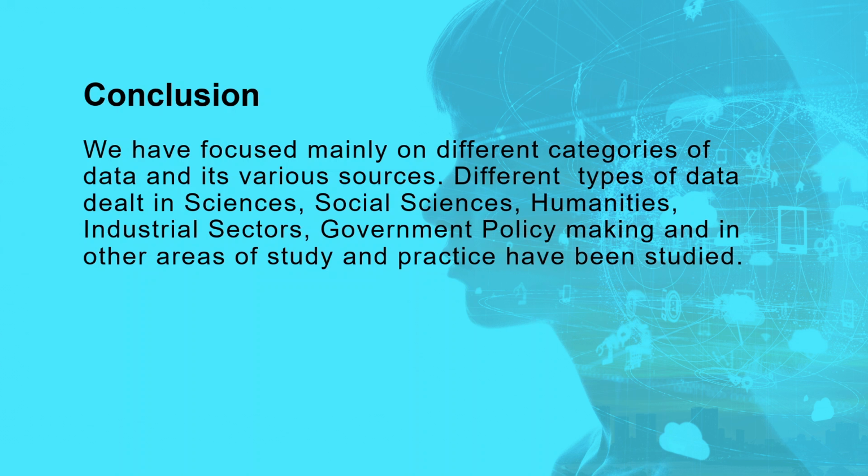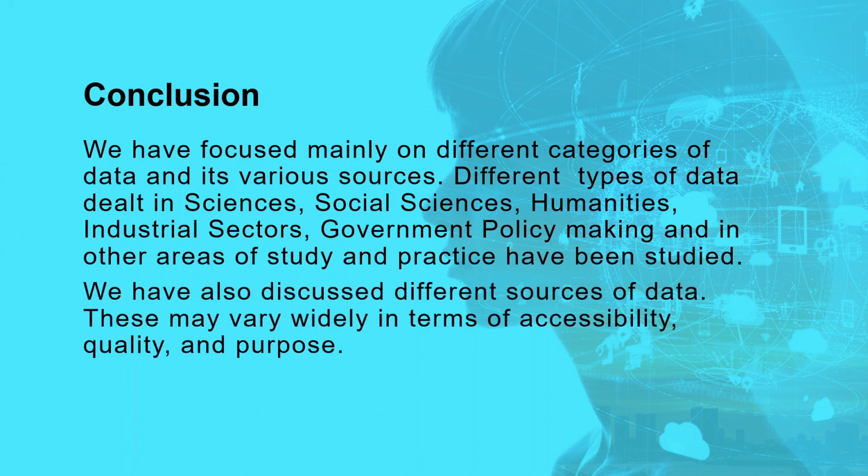Different types of data dealt with in sciences, social sciences, humanities, industrial sectors, government policy making and in other areas of study and practice have also been studied. We have also discussed different sources of data like primary data, secondary data, external data, internal data, sources of big data and open data. These may vary widely in terms of accessibility, quality and purposes.